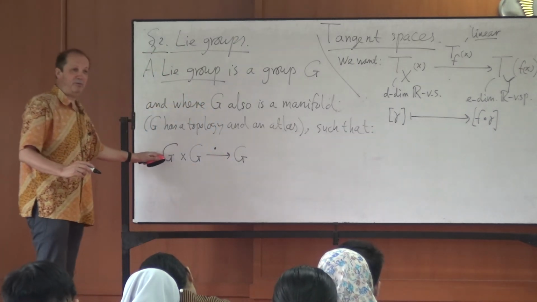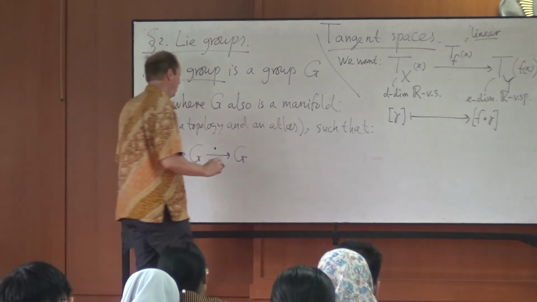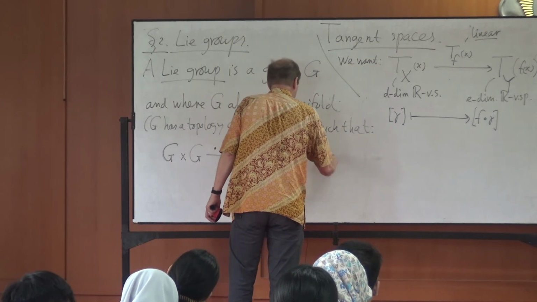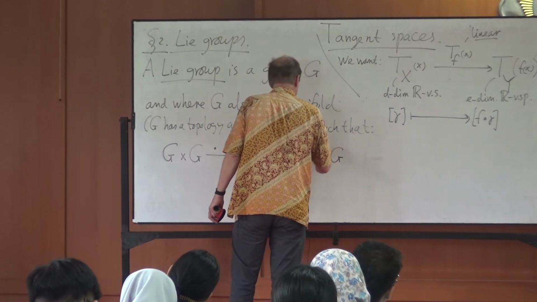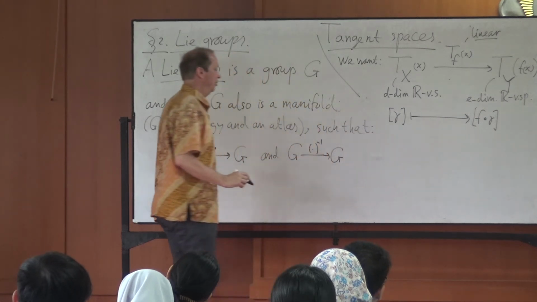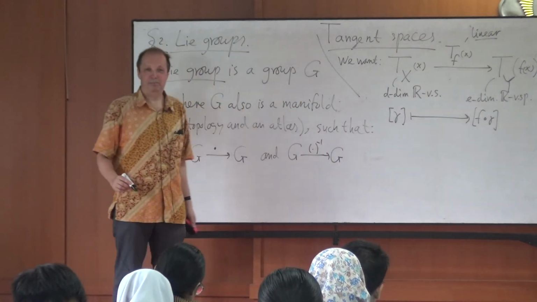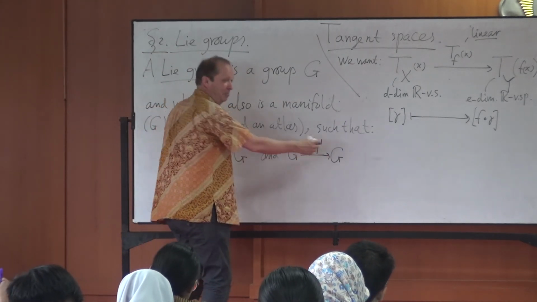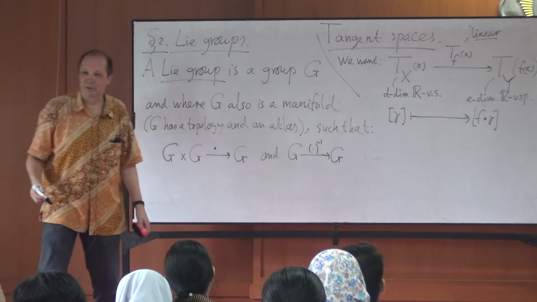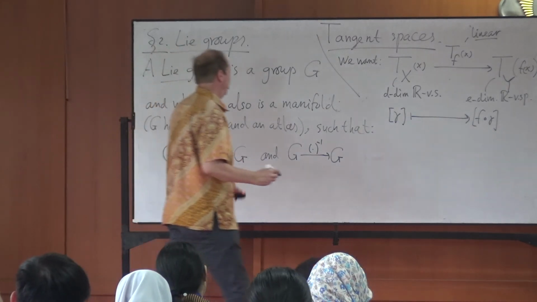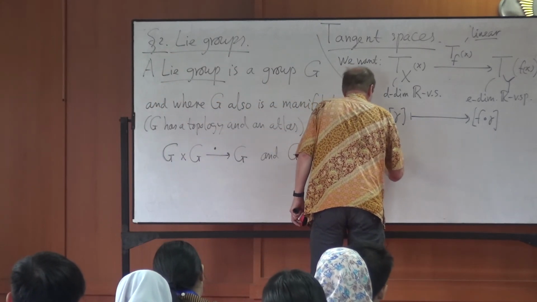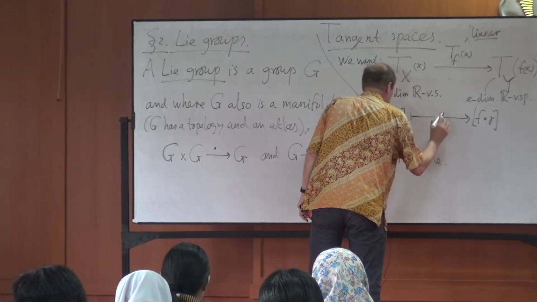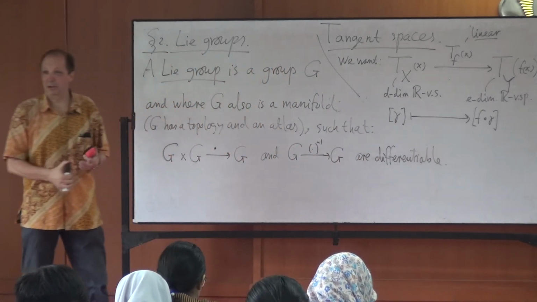This is the multiplication map of the group. And also I have the inversion map. So let me write inverse, right? That brings an element to its inverse, right? This dot means that is where you put the element. It's called a placeholder or something. Okay? These two should be differentiable.